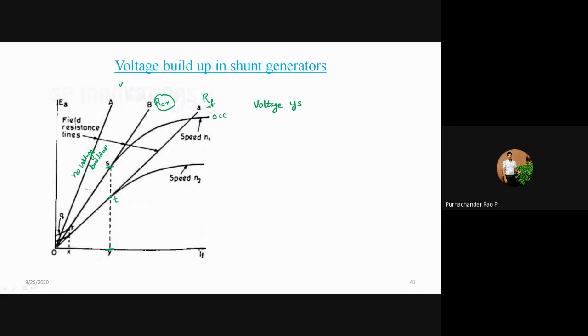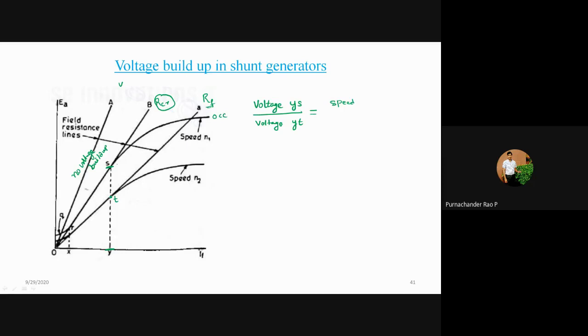This is the voltage Ys divided by the voltage Yt. This voltage is proportional to the speed.